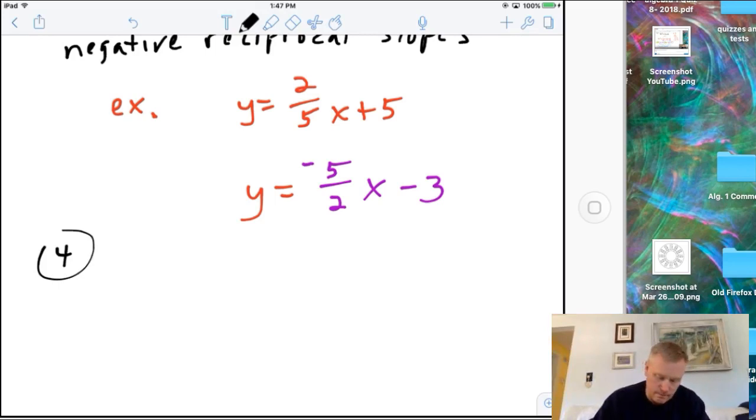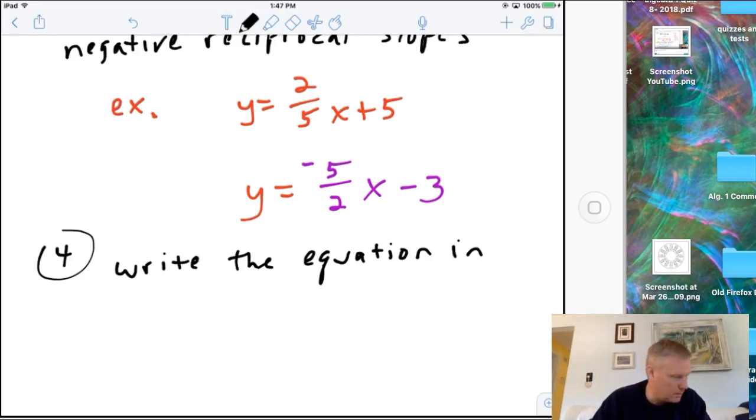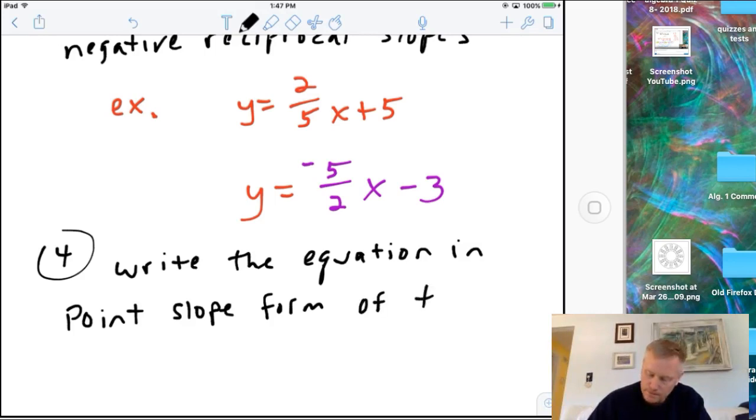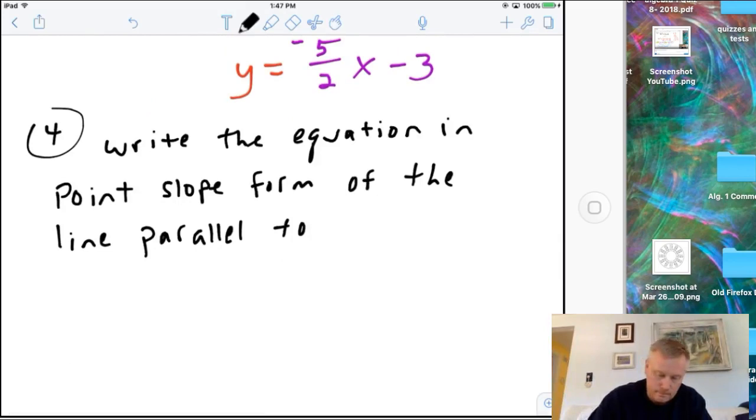Write the equation in point slope form of the line parallel to y equals 6x minus 2 that goes through 1, -3.